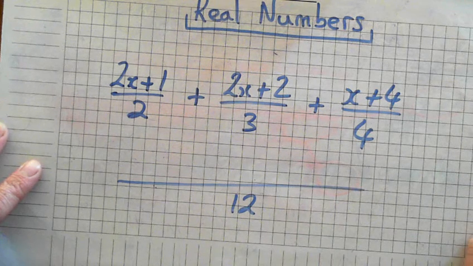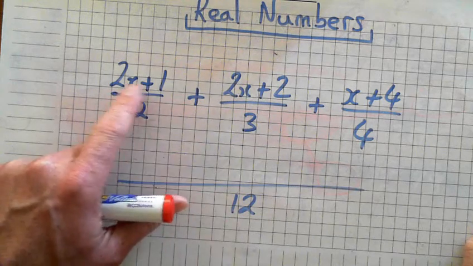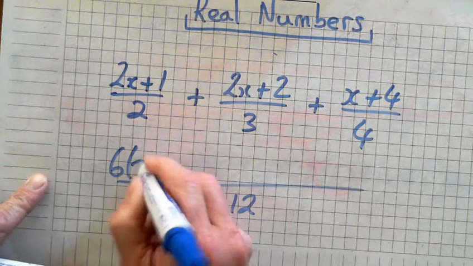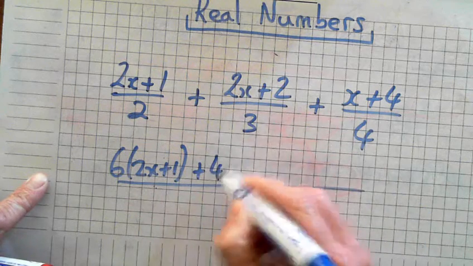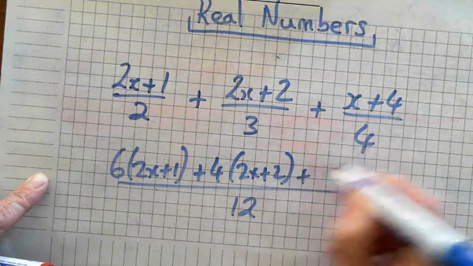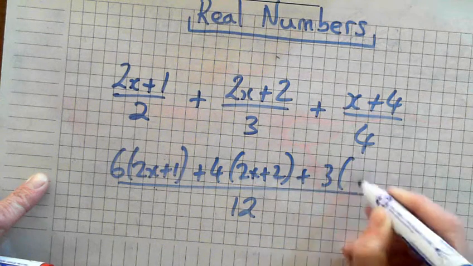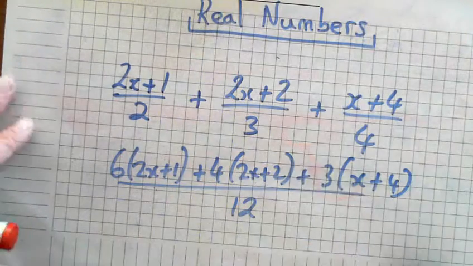And then we continued on to do our sum. 2 into 12 goes 6 times, 6 times 2x plus 1. 3 into 12 goes 4 times 2x plus 2. 4 into 12 goes 3 times x plus 4. So that was one use for LCM.